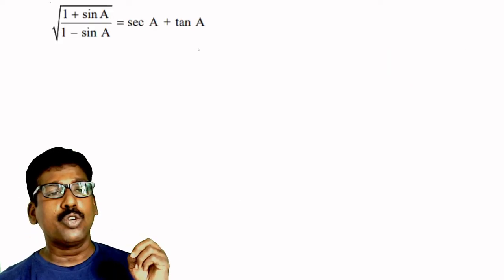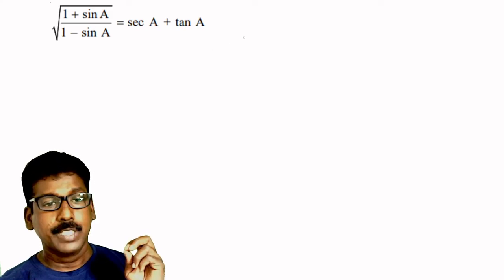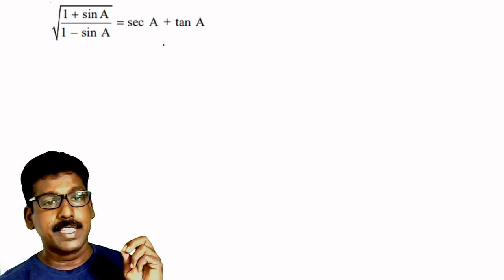Now look at another question. Here you have to prove square root of 1 plus sin A by 1 minus sin A equals sec plus tan. Now let us take LHS.